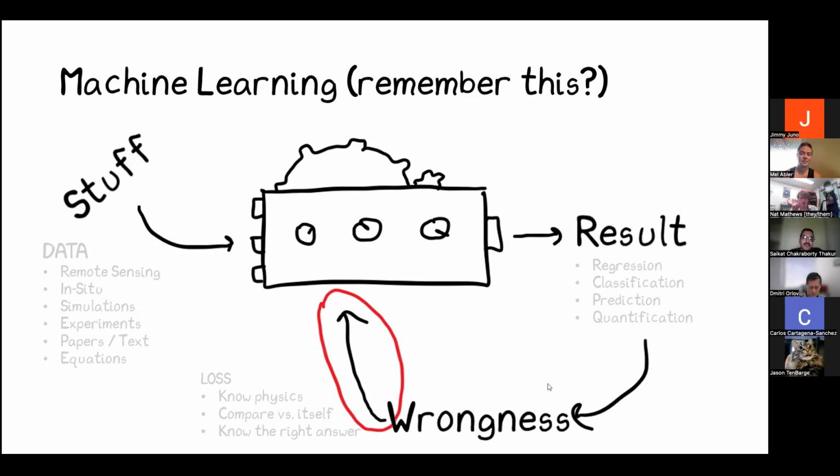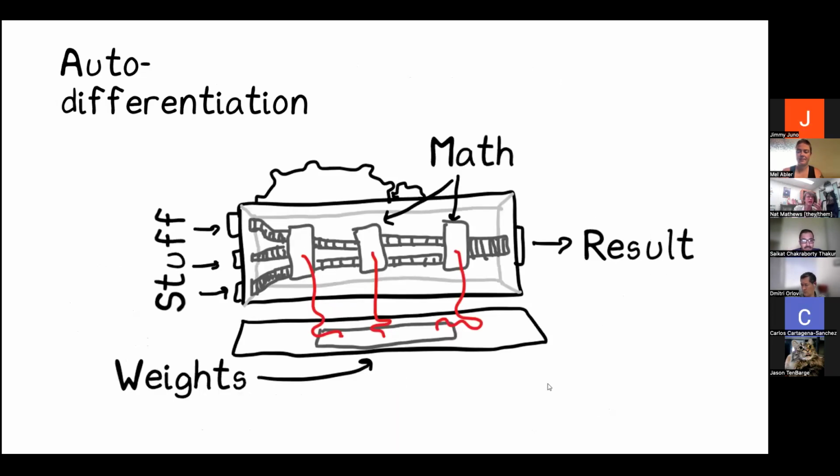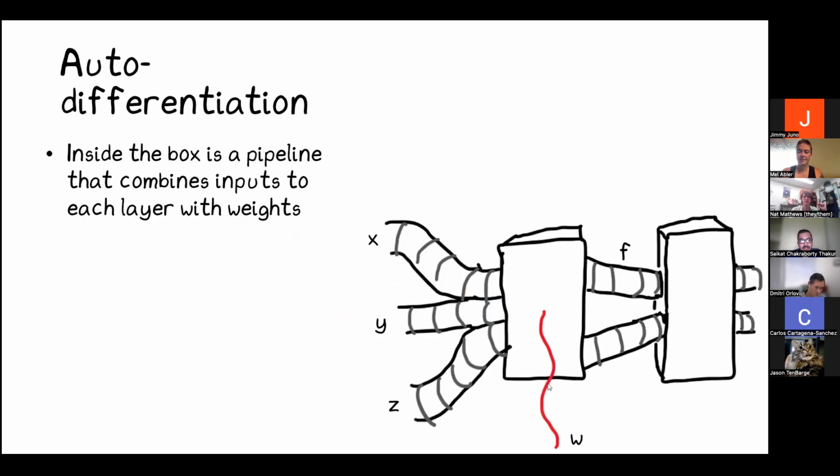When we compute the loss, I want to talk a little bit about how this part happens, and how we update the weights given a loss and how wrong we are. It's a thing called autodifferentiation. This is the real thing Torch, the backend, is doing under the hood.